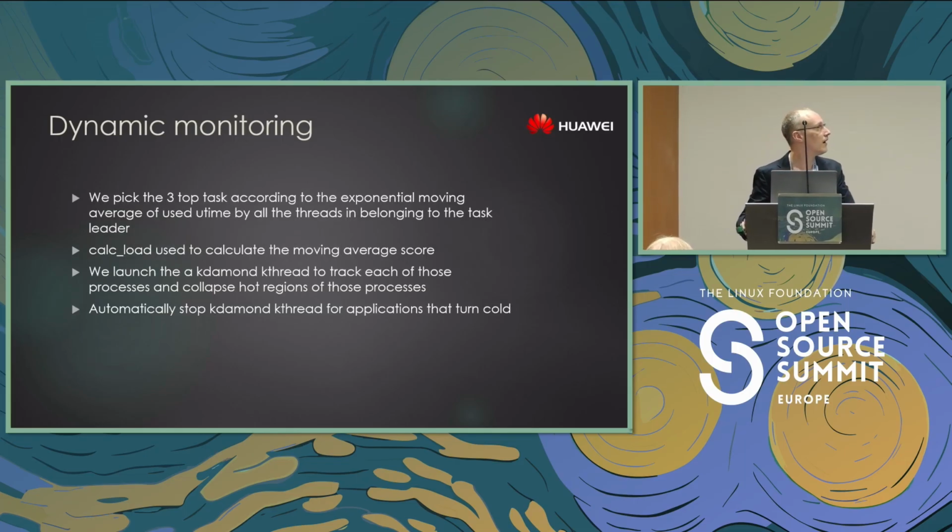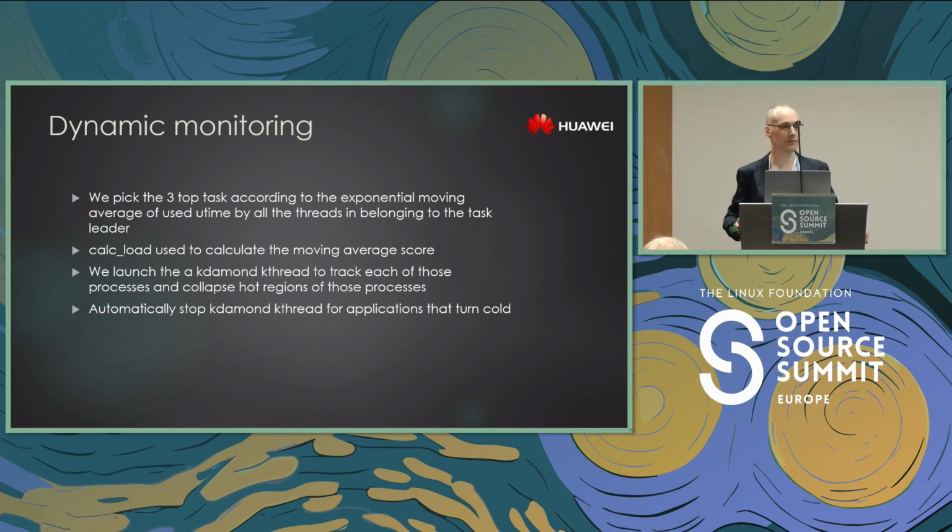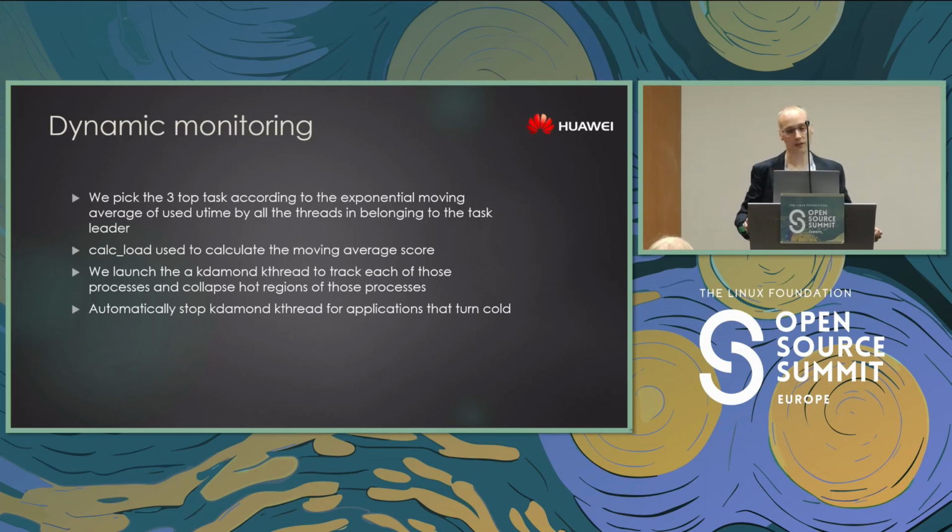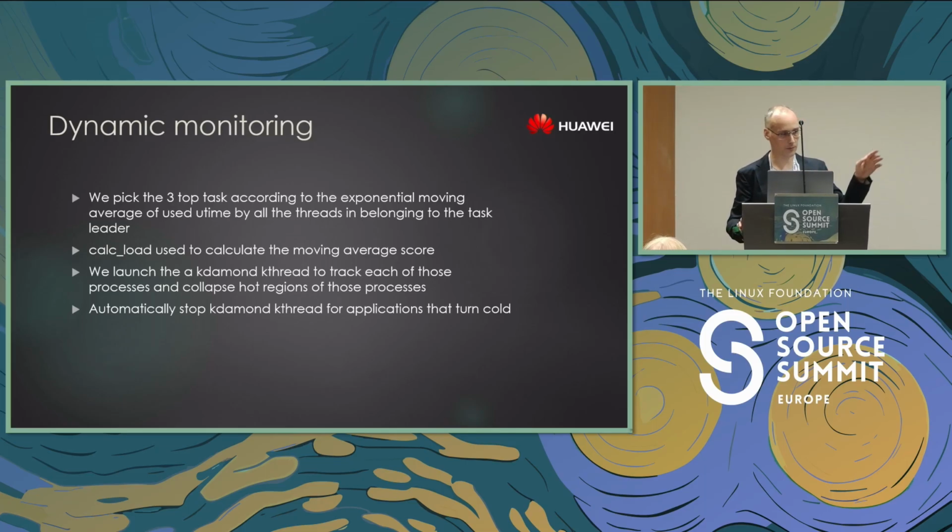So what we thought is, okay, we will try to find the top 3 applications by utime, by user time. So we use the same approach as calc load, which is an exponential moving average. It's used by top. So if you run top and you see these 3 numbers over there, it uses calc load.